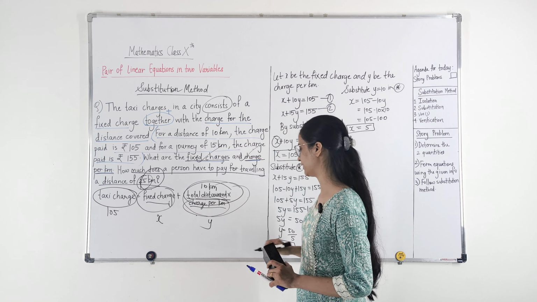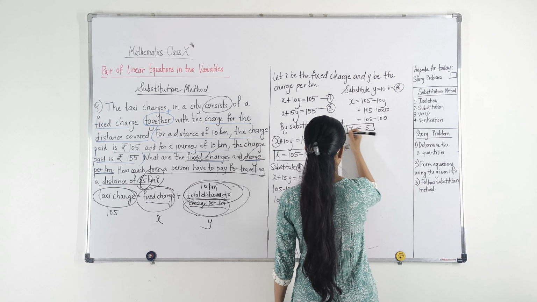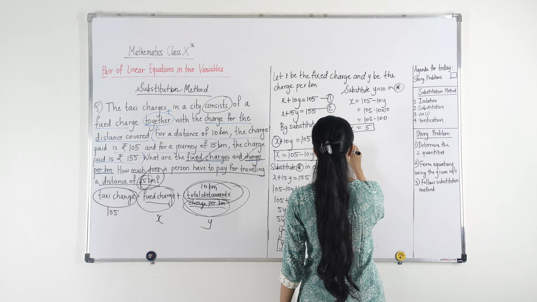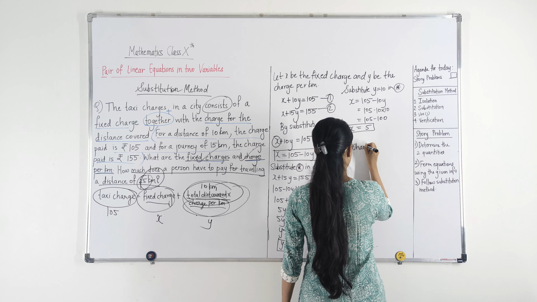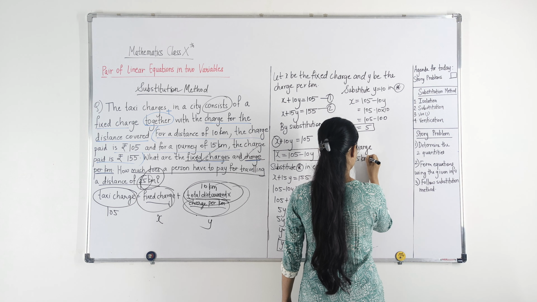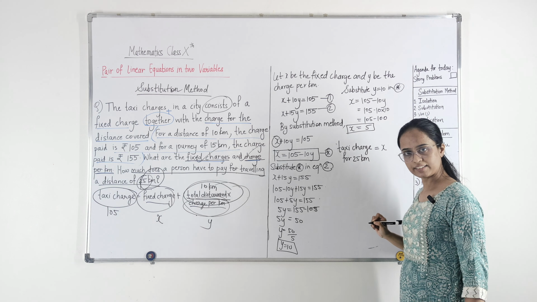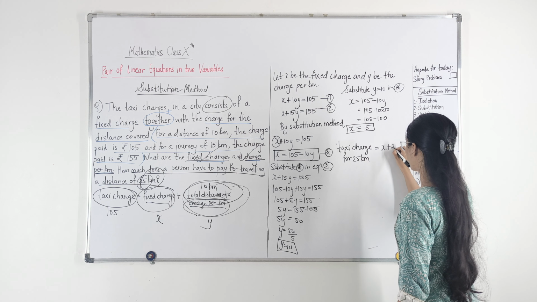Keep x and y as it is. So write taxi charge for 25 kilometers would be equal to some fixed charge, that is x, plus your total distance traveled multiplied by charge per kilometer.